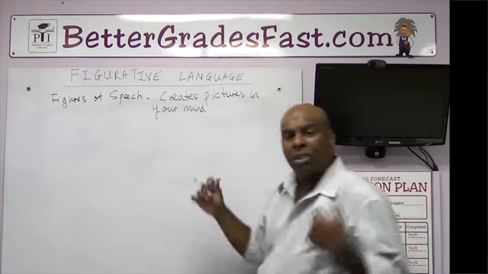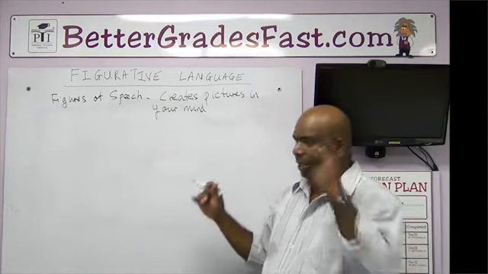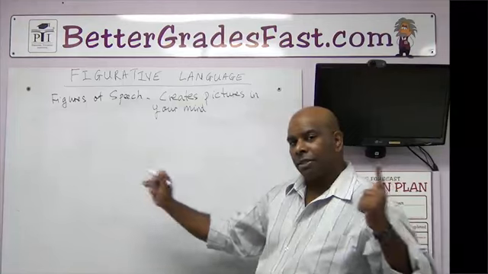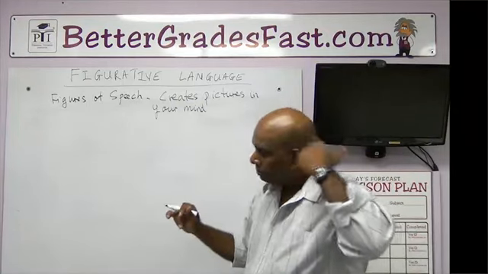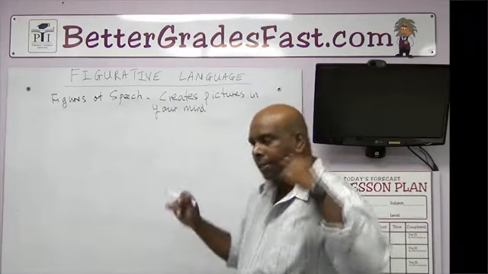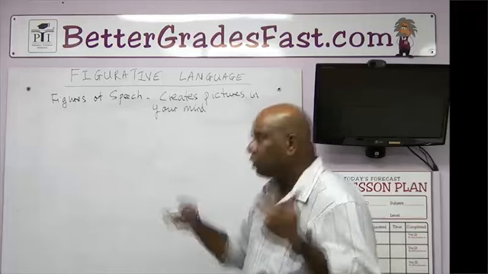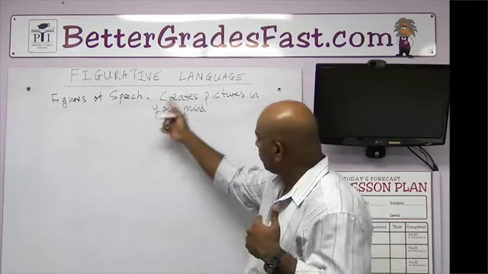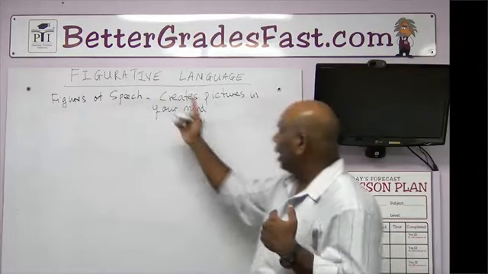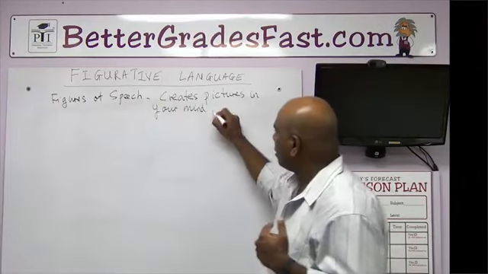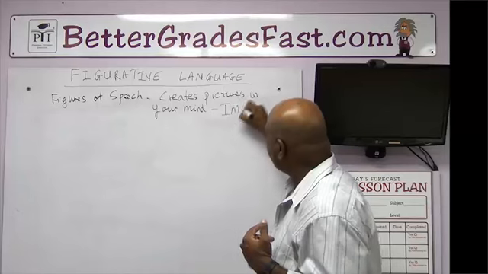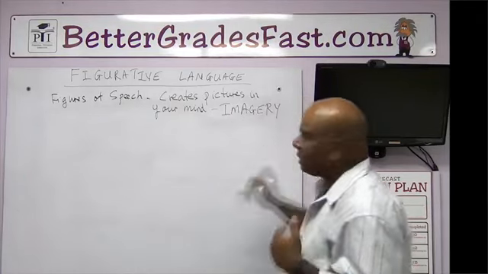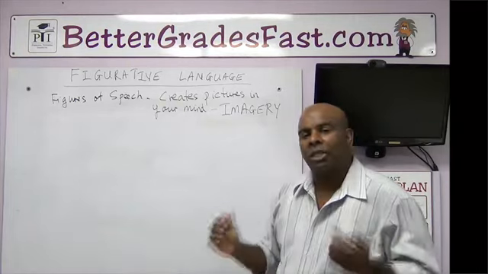And there are different ways to do it. We can do it by making something look like something else, or we can use sound, and when you hear that sound, you think of a picture. All right? When we use figures of speech and we create pictures in the mind, we call that imagery. Imagery simply is creating pictures in the mind.